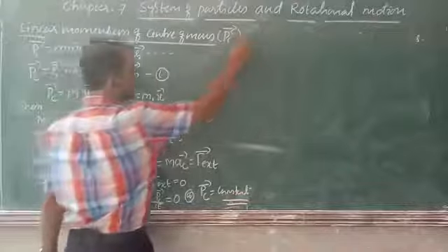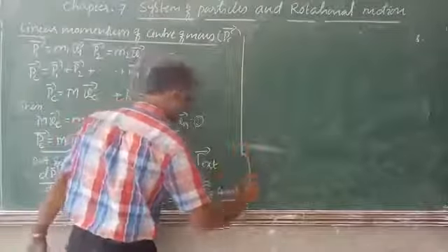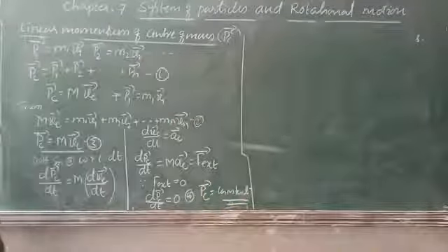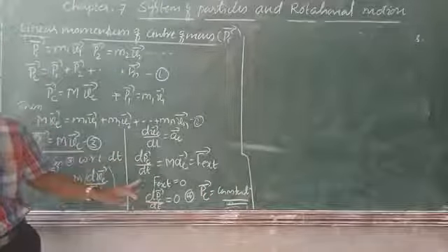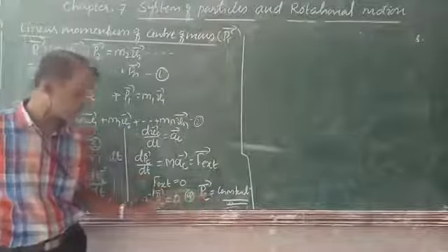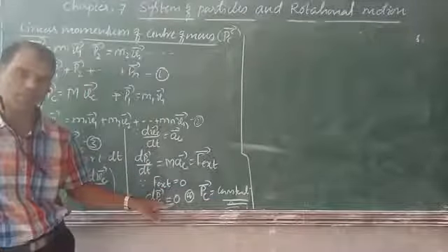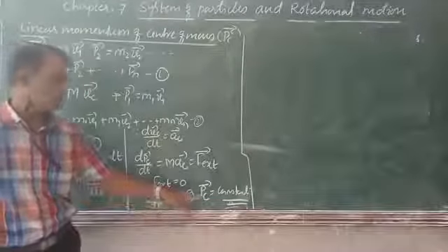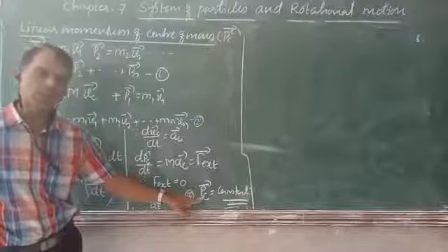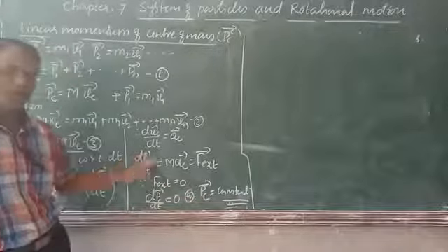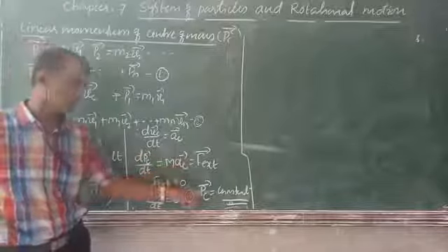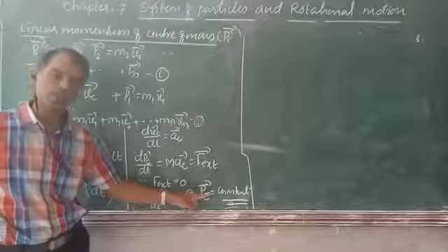Thus we can define the law of conservation of linear momentum for a system of particles: when no external force acts on the system of particles, the linear momentum of center of mass remains constant. So this is the law of conservation of linear momentum for a system of particles.